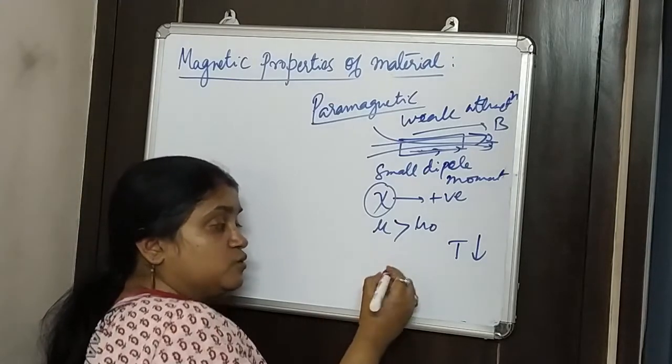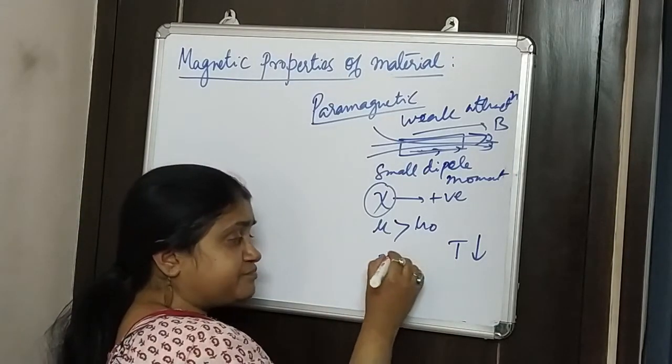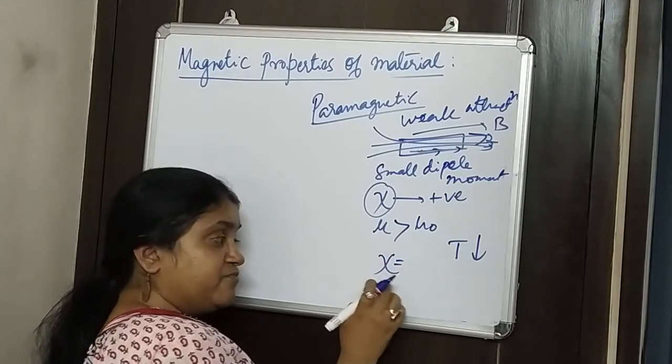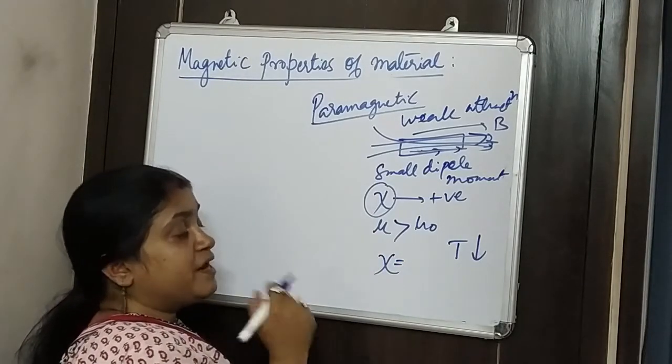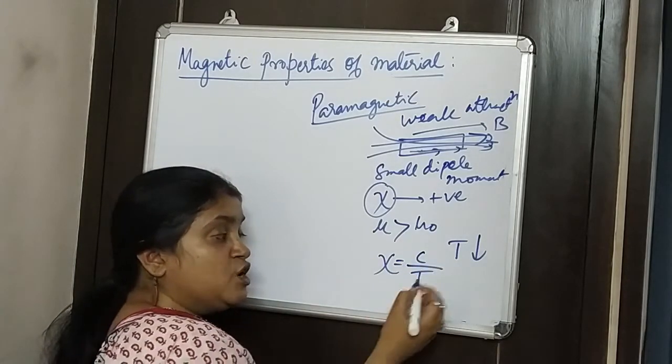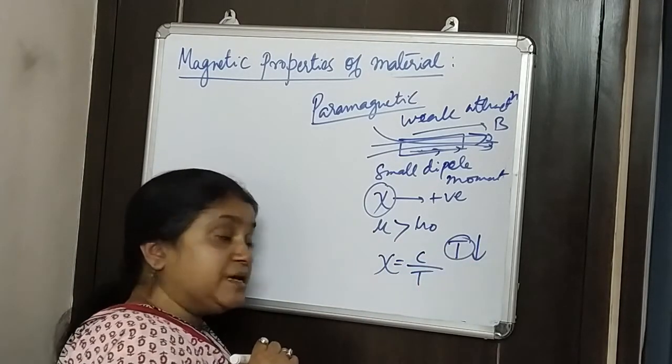So that's how there is a law called Curie law, where it is found that the susceptibility of paramagnetic substance is given by C by T, where T is the absolute temperature.